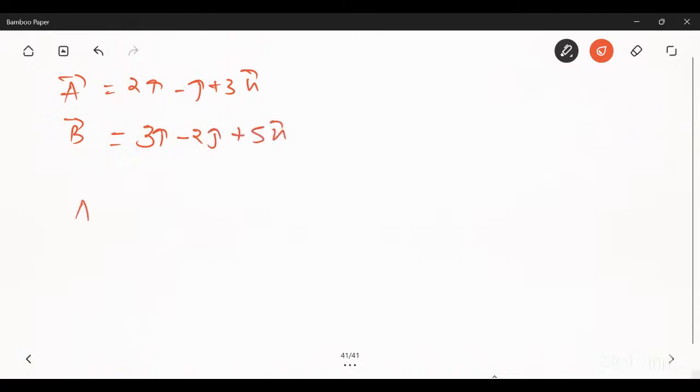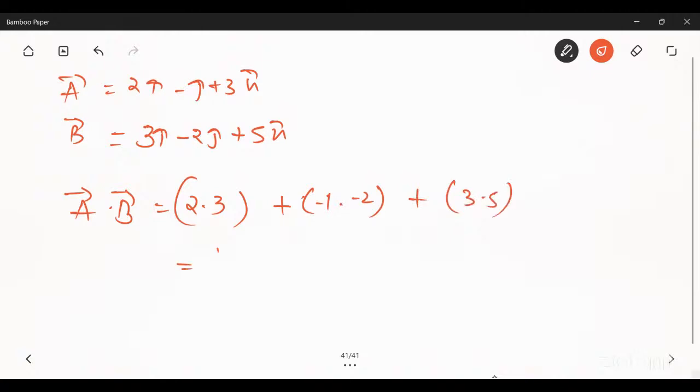Now multiply a dot b. So a dot b: multiply I term with I term, so you will get 2 into 3. Then minus 1 into minus 2. Next 3 into 5. So 2 into 3 is 6, 1 into 2 is 2, and 3 into 5 is 15. So 15, 6, 21, 23.